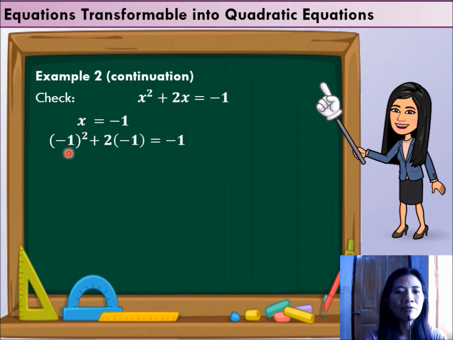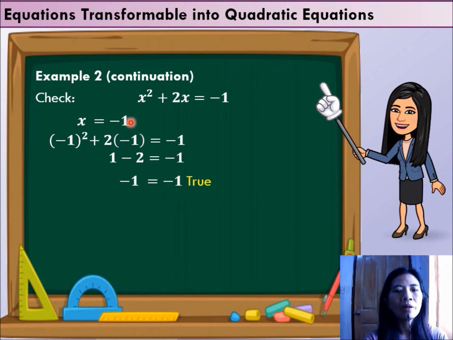So negative 1 squared plus 2 times negative 1 equal to negative 1. And then we are going to simplify. Negative 1 squared is 1, plus 2 times negative 1 is negative 2, equal to negative 1. And then simplify again. 1 minus 2 is negative 1 equals negative 1, which is true.